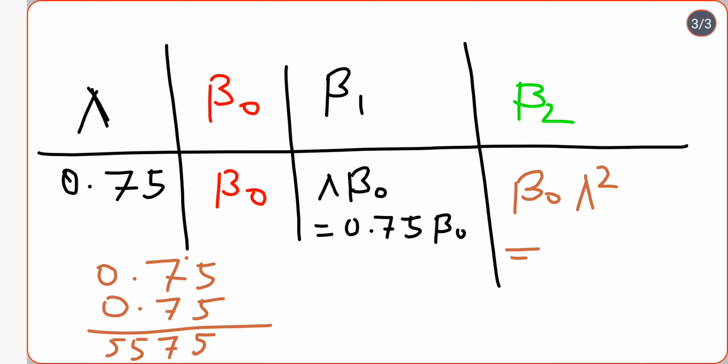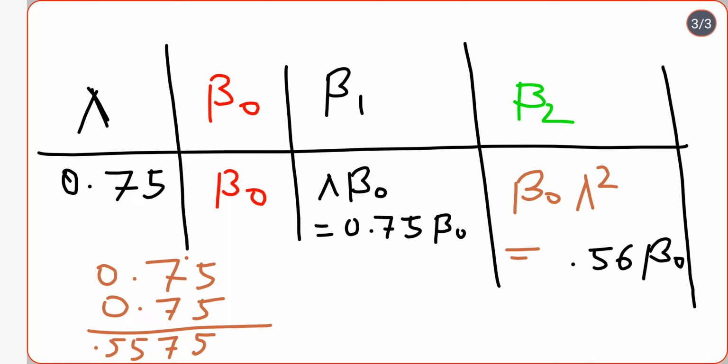And the point that will come before 4 steps will be 0.5575, or we may take it as 0.56. So basically we may take it as 0.56 into beta 0. So as you can see, if we go to beta 3 or beta 4, and continue going like this, then the weights given to beta zero change.